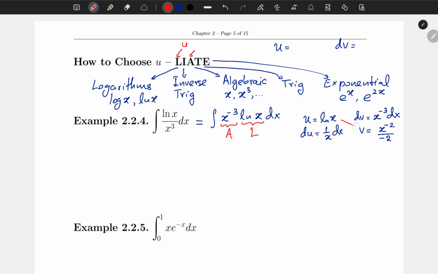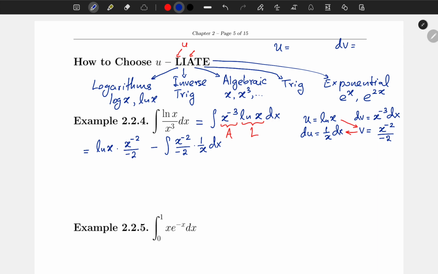Now to apply integration by parts, we are multiplying in this order, u and v, then v and du. So the integral is uv, ln x times x to the negative 2 over negative 2, minus the integral of v du, x to the negative 2 over negative 2 times 1 over x dx.